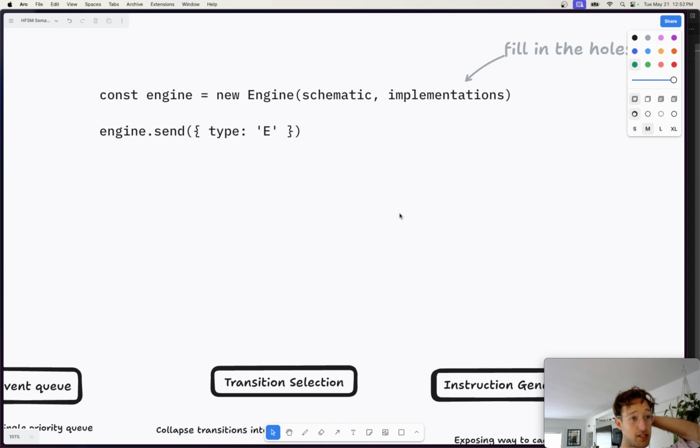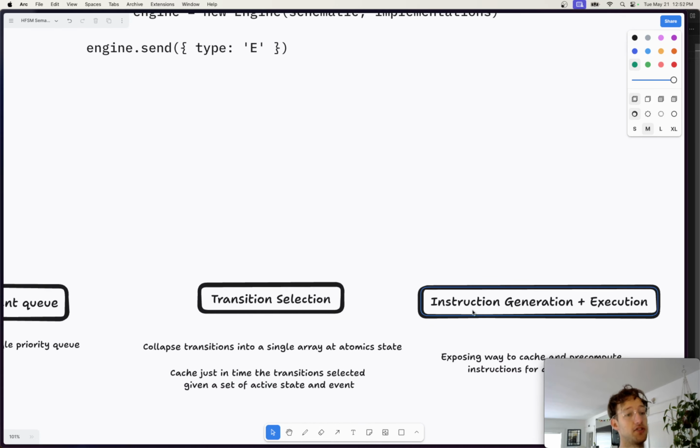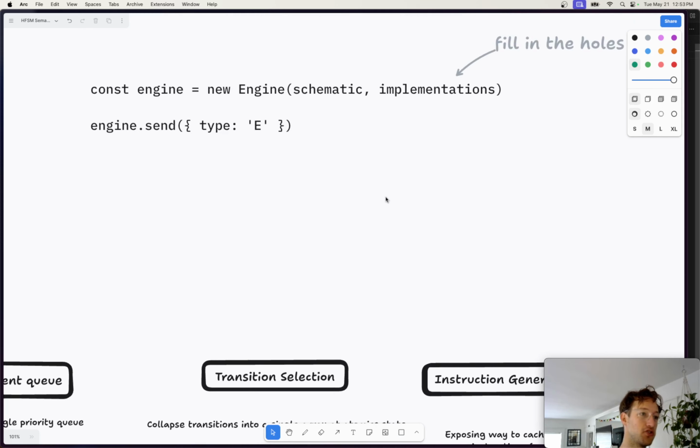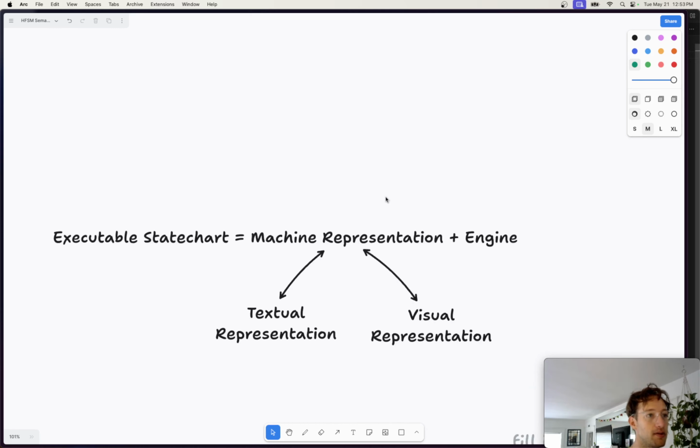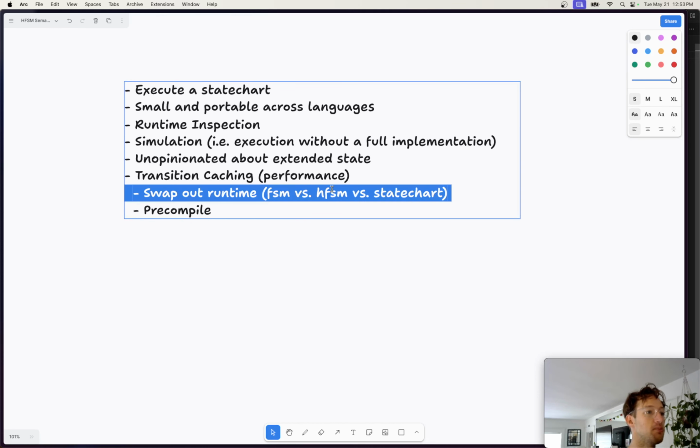And if that logic to generate instructions is coupled to the cache, essentially what we've done is externalize the selection logic from any particular type of state chart implementation.